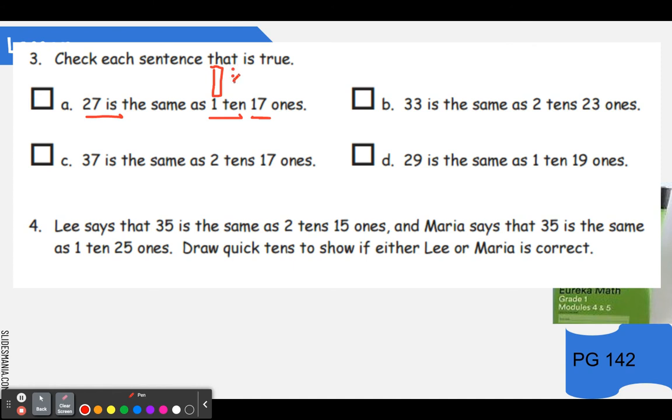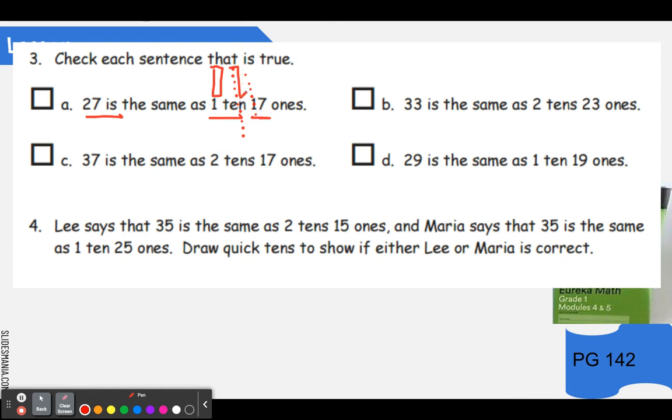I know that 17 is actually a group of 10 and 7. So 2, 4, 6, 8, and then 10. Okay, so I know that that's a group of 10, 11, 12, 13, 14, 15, 16.